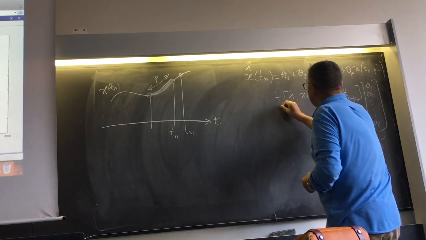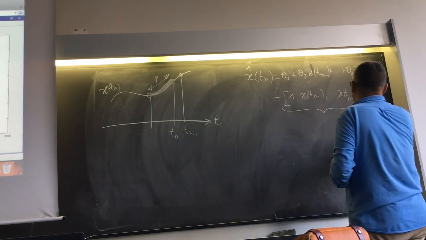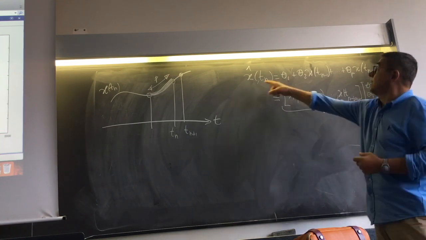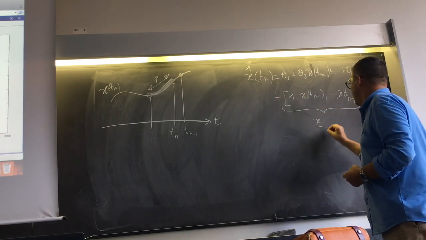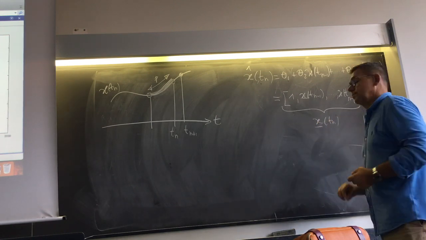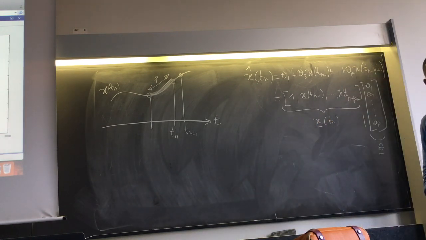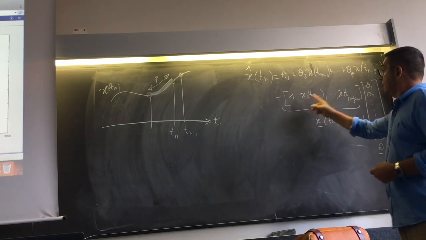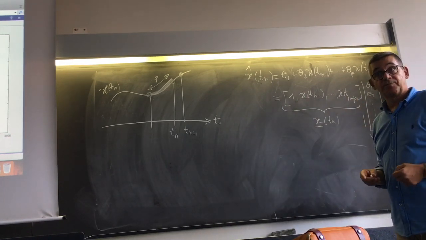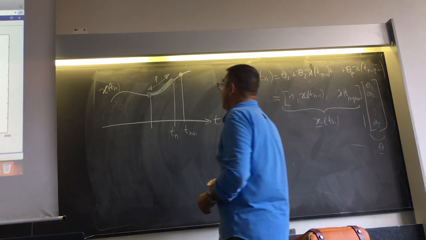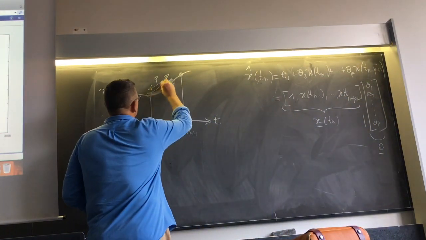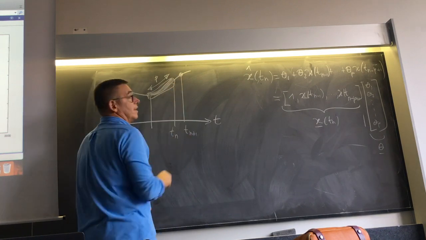Since this vector is the one that I'm using for x at tn, I call it the x vector at tn. This vector has 1, and then a set of numbers. So I can do everything here to predict that value.